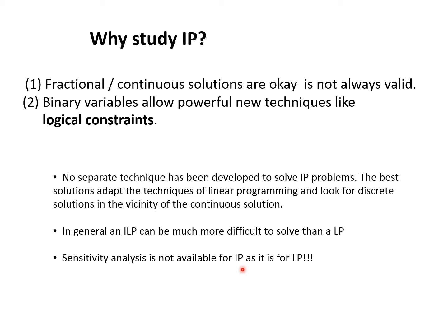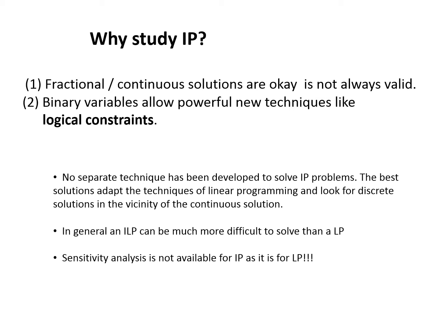In general, ILP problems are much more difficult to solve than linear programs, because we lose the continuous property that makes linear programs easy. In integer linear programs, we have a solution at a point, let's say x1 is 0 and x2 is 1, but you have no solution between that and another point, say 0, 2. So you lose the continuity property that makes LPs easier to handle.